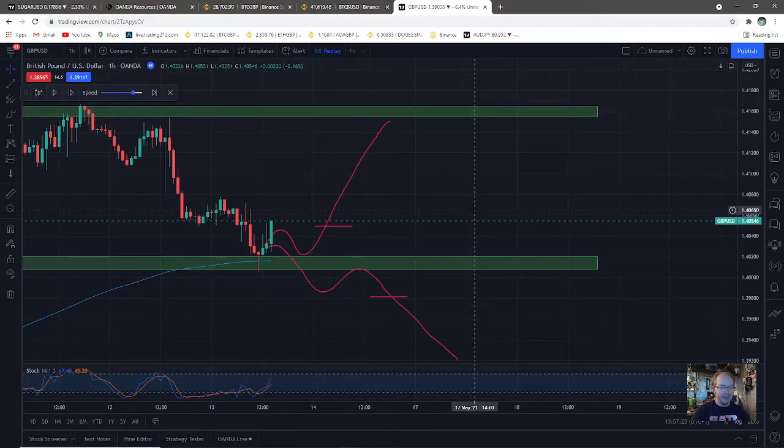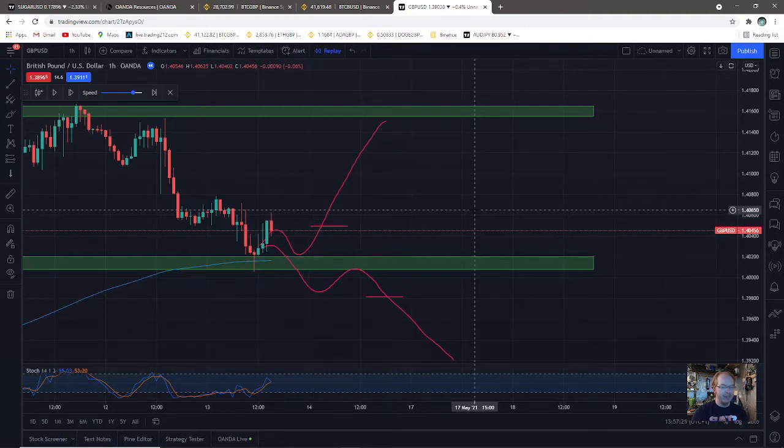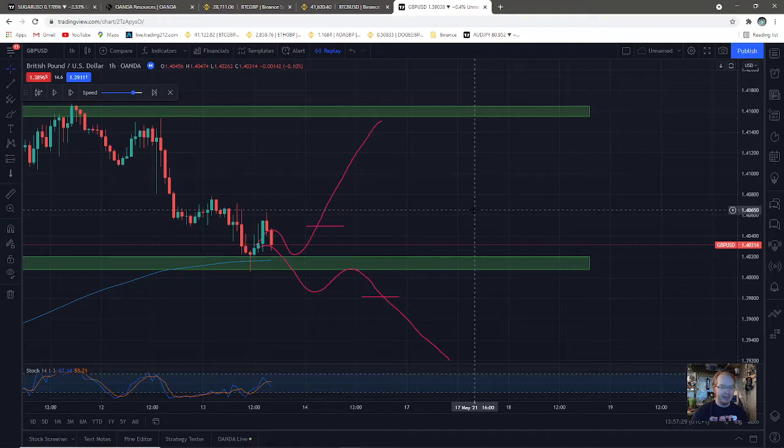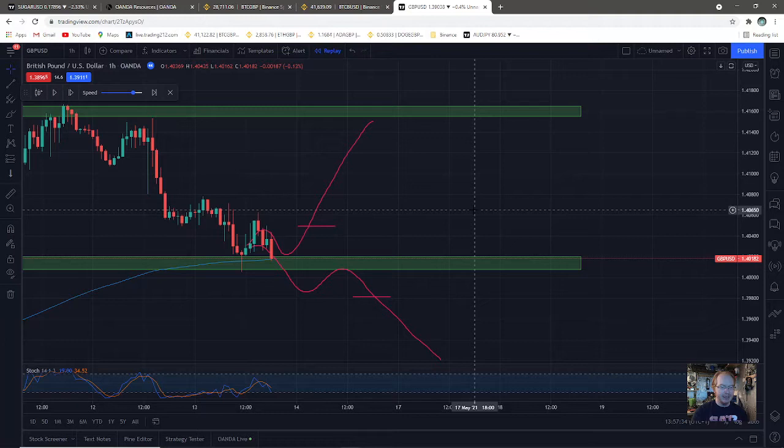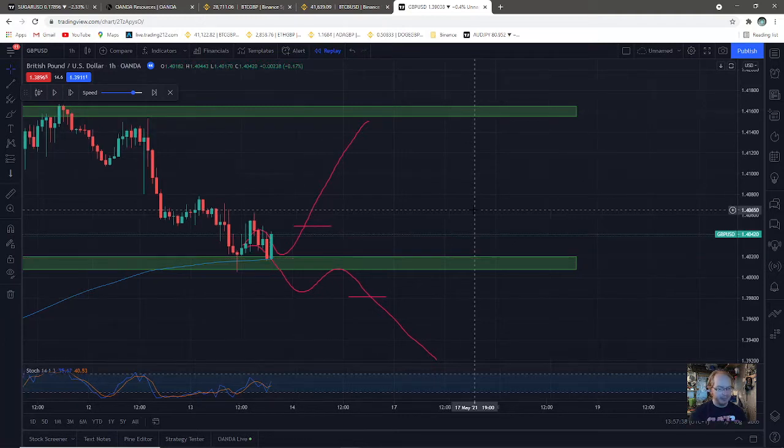So it's on its way up, so we're looking to see whether it comes back to test the support level. It looks like it has, and whether it will bounce back up or carry on through is the next question.